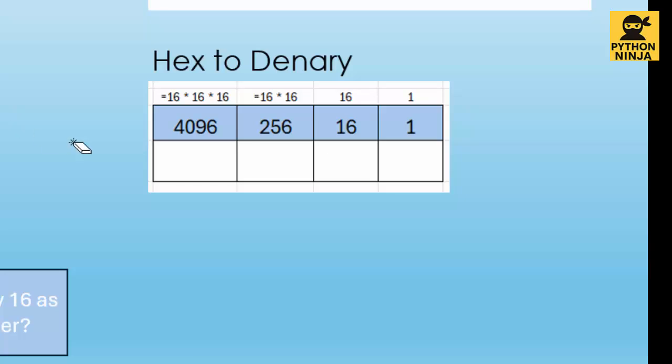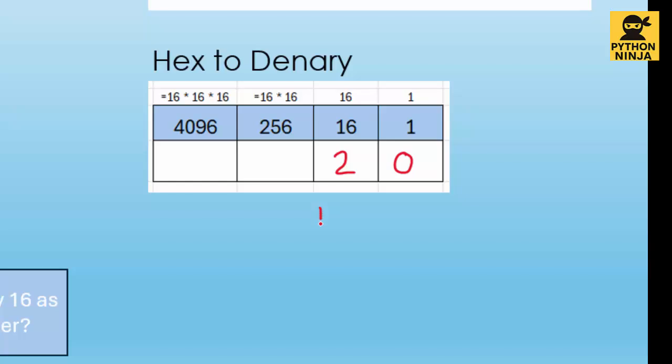So let's do some more. What do you think this value would be? This is a hex value, so what do you think that is as a denary value? Well, it means we've got this column twice.